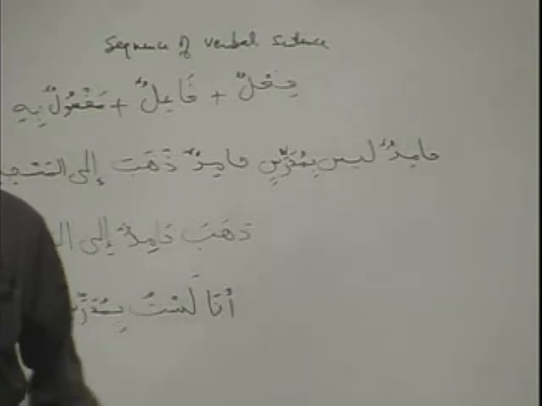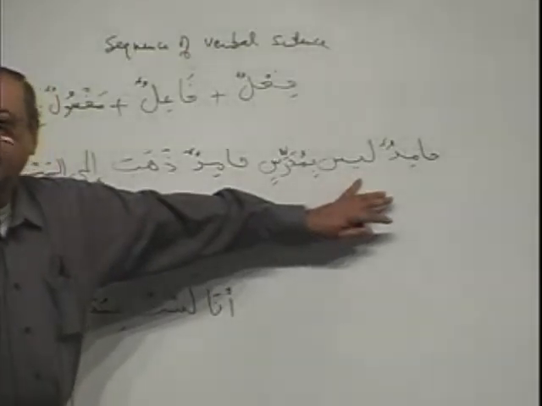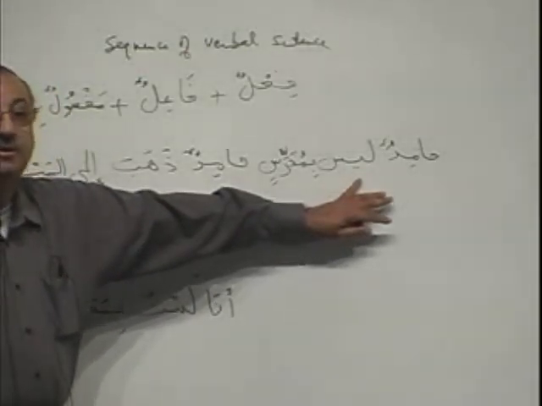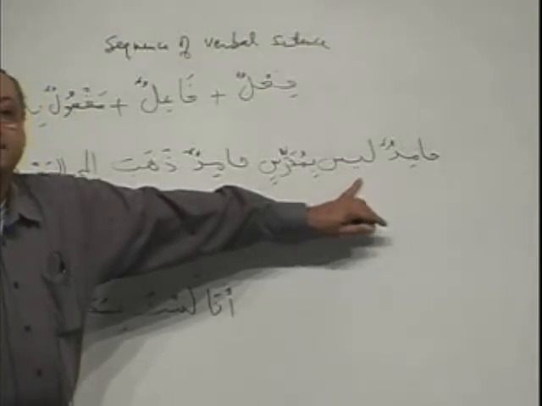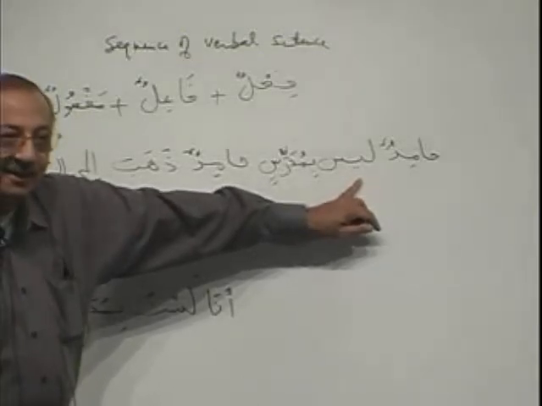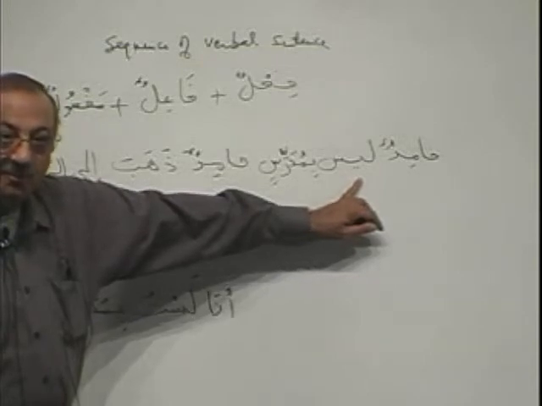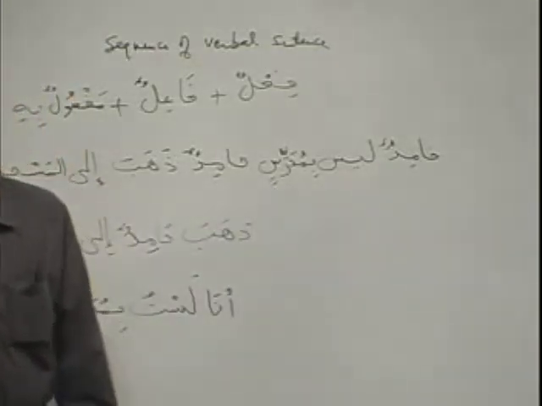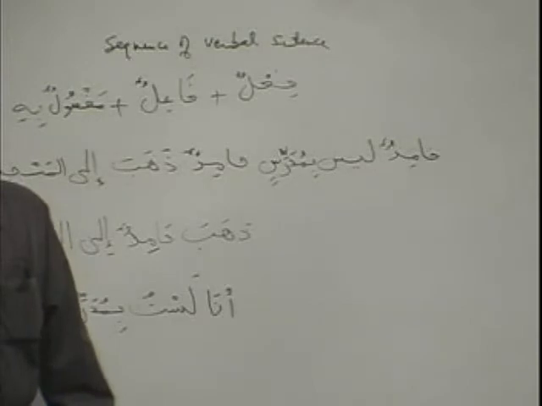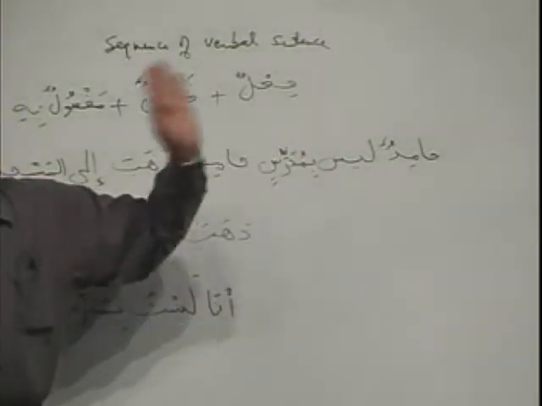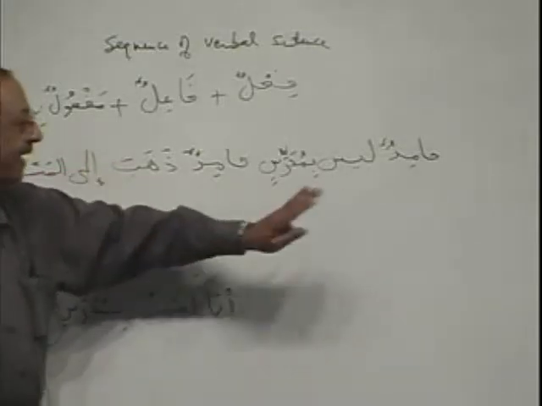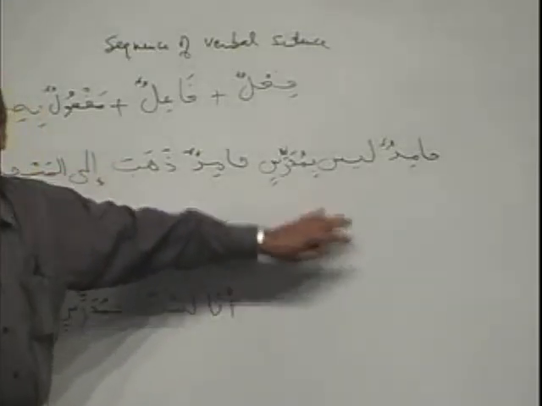Where is the khabar? The Jumla Fi'liya. So Laysa is a fi'lun, naqisun, jamidun. Okay, where is ismu Laysa? Mustatir. It is Mustatir. You cannot say Hamid is ismu Laysa. Ismu Laysa is Mustatir. Because it has to come afterwards. Okay? And then bi mudarrisin is the khabar.